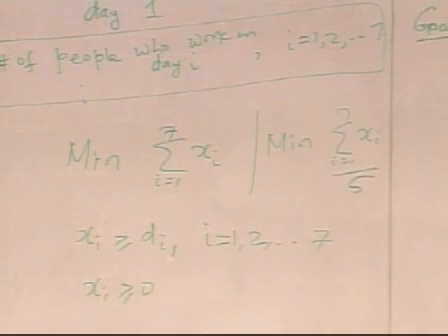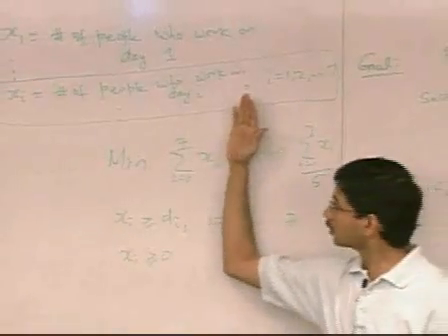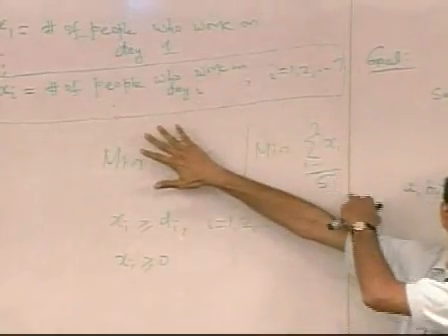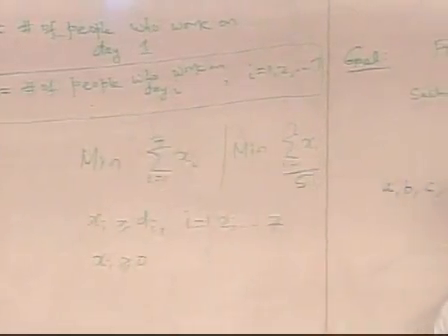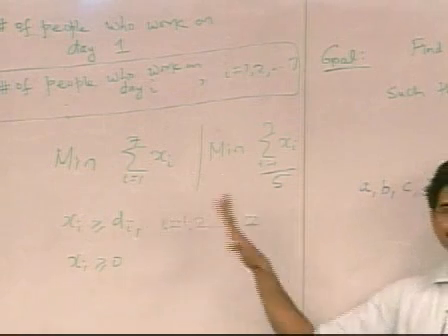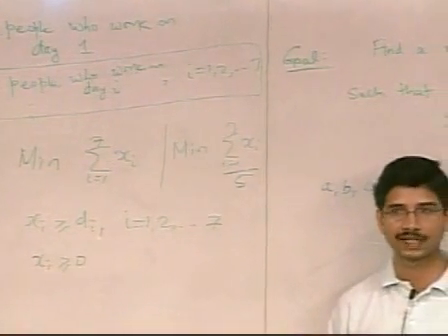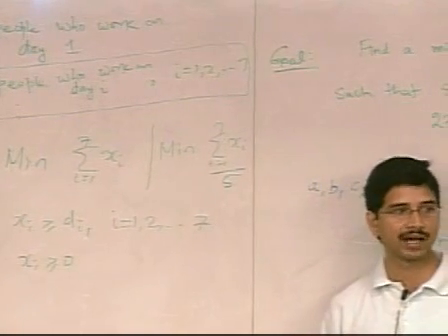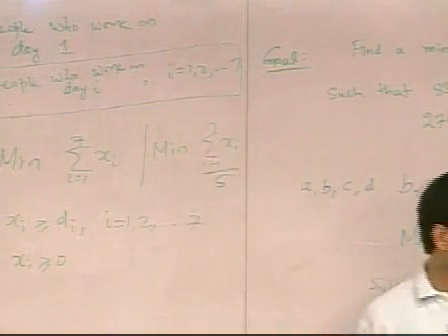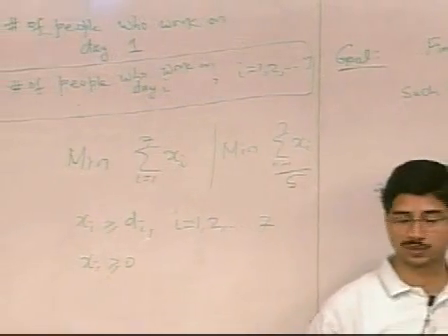So if I find an optimal solution to this problem, the same solution is optimal for this objective function as well. It's just that you're changing the units by which you're measuring things. Okay. So these 2, as linear programs, have the same optimal solutions, and their optimal values are related by this factor of 5 business. Okay? So these 2 are not that different. So we may as well just work with this.